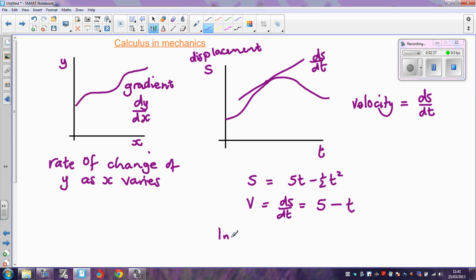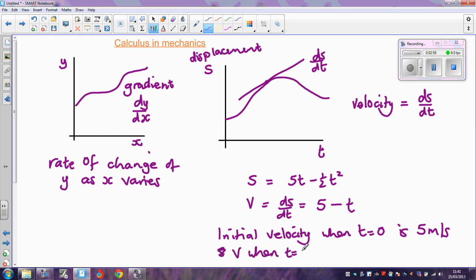So for example, if we wanted to find the initial velocity, obviously it doesn't really go with the graph, but the initial velocity is going to be when t is equal to 0. So the initial velocity is going to be 5 take away 0, in other words 5 meters per second. If we wanted to find the velocity when t is equal to 10, the velocity is going to be 5 take away 10, so the velocity would be minus 5 meters per second, and so on.